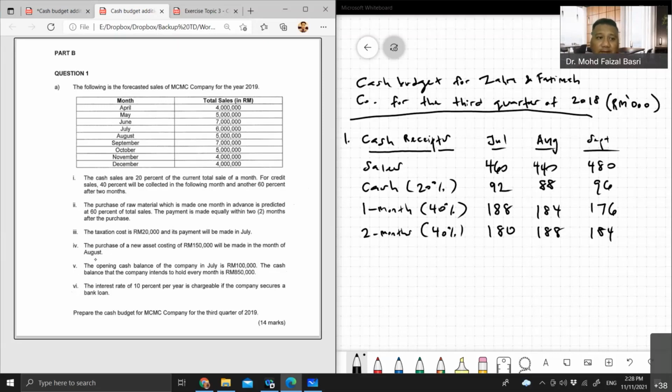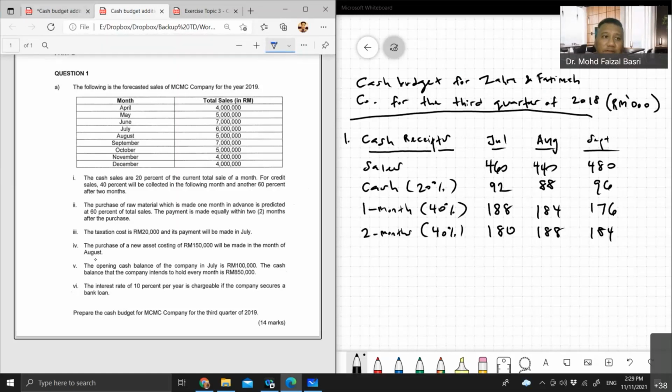The first assumption always refers to the payment of sales, or collection of sales. Remember this is incoming money, inflows. So we're going to receive the cash from the company's customers. Our first assumption always refers to this, and you don't have to memorize any, because every question will have different ratios. Just read the question carefully, understand it, put it in this manner, and then multiply according to the respective months.